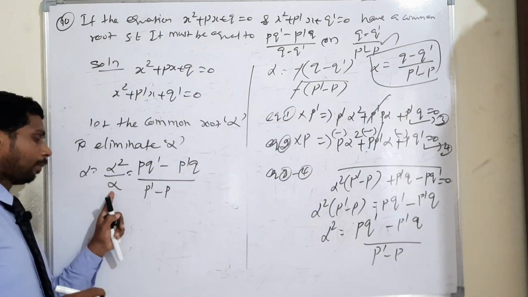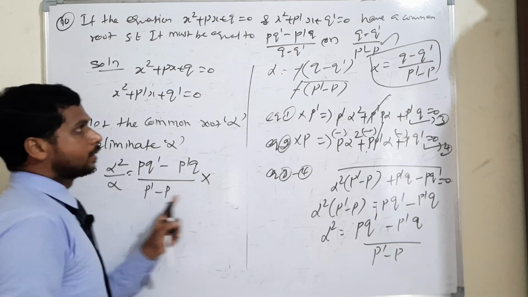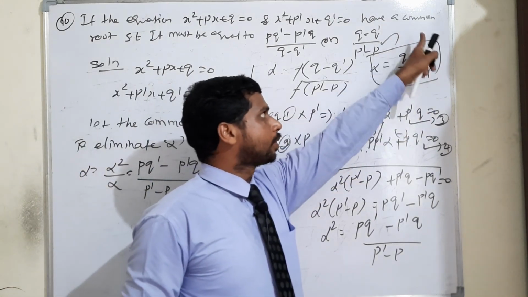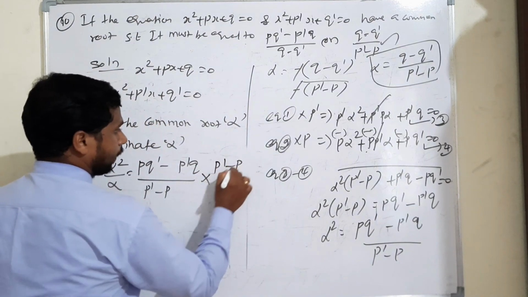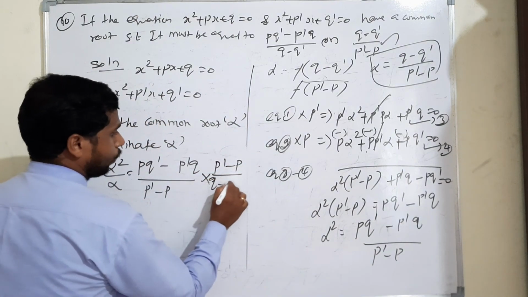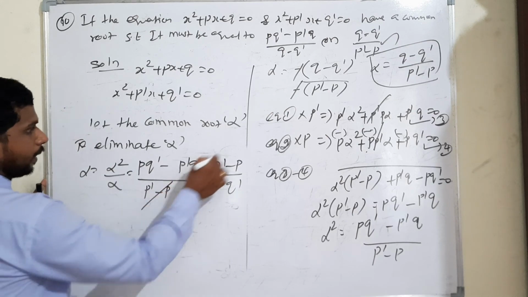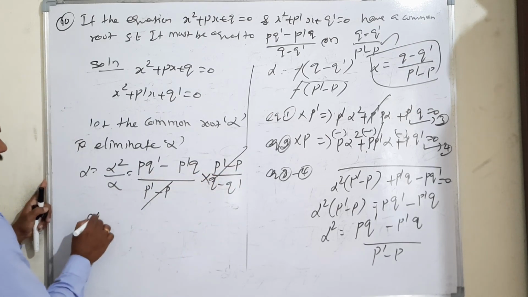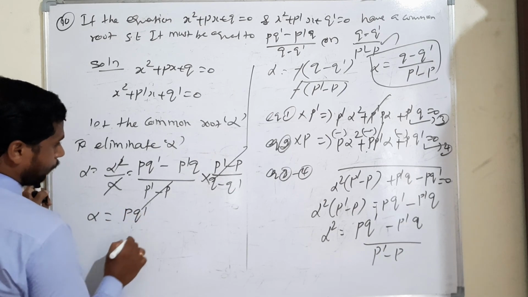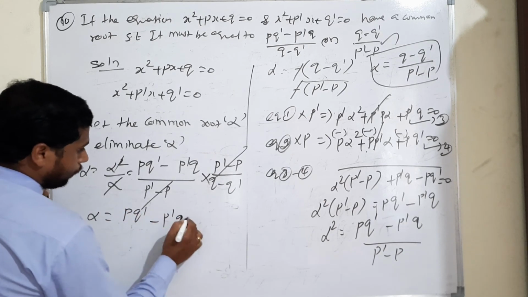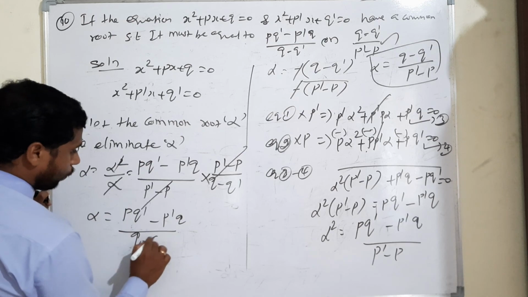This is the actual denominator, isn't it? If you take the reciprocal, the denominator comes to the numerator and the numerator goes to the denominator. So again p dash minus p divided by q minus q dash. Now p dash minus p cancels. Therefore alpha is equal to p q dash minus p dash q divided by q minus q dash.